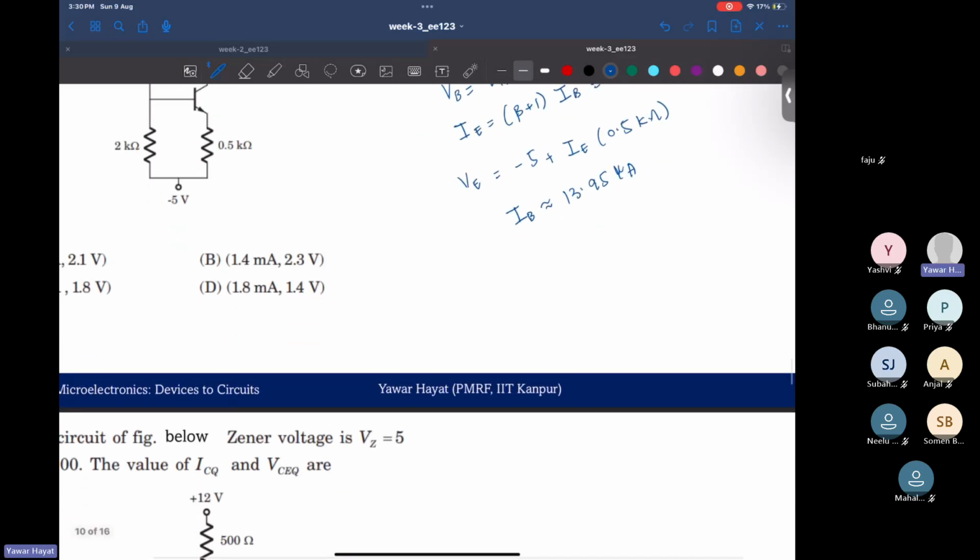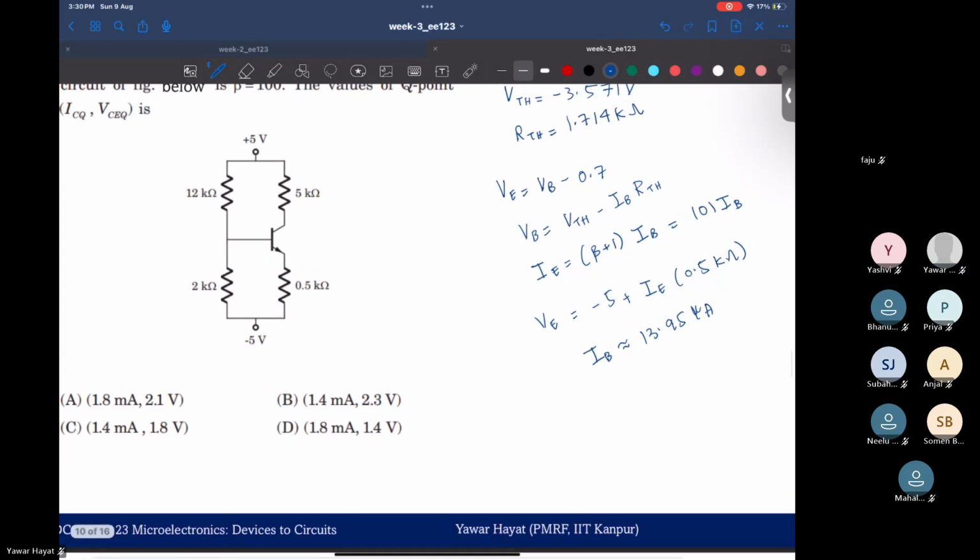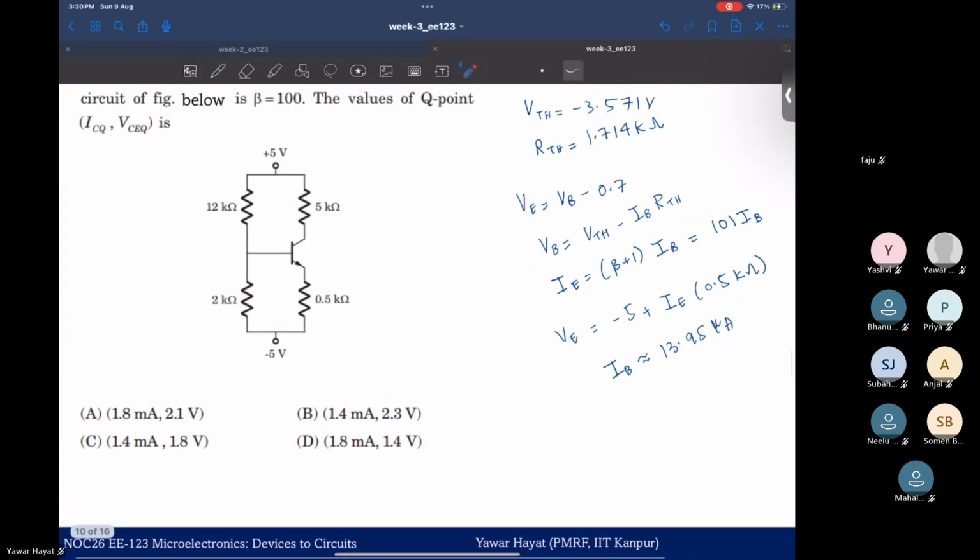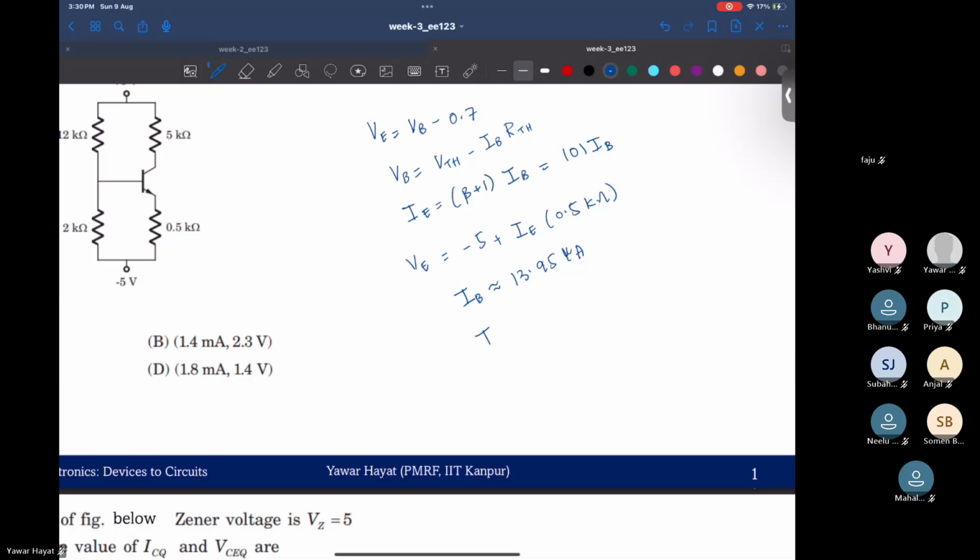right? And once we know IB, what's our IC? Because this is all one goal, we have to compute IC. What is IC? Given IB, beta into IB.